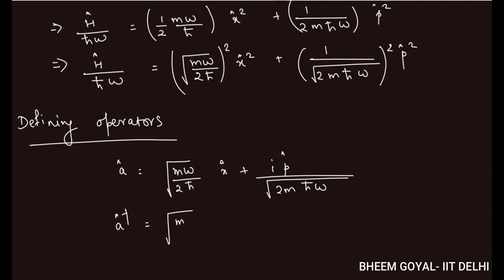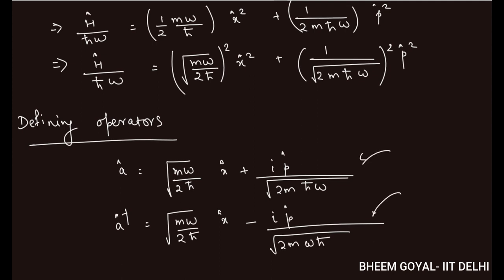So we will get square root of m omega over 2 h bar x cap minus iota p over square root of 2m omega h bar. Later we will conclude that A will be known as the lowering operator and this one, A dagger, will be known as the raising operator. We will see why they are called lowering and raising operators later.